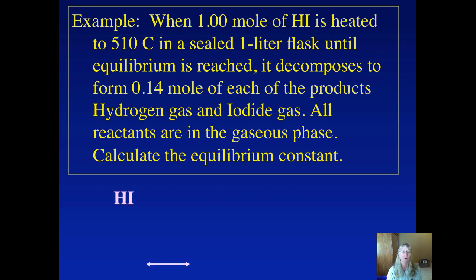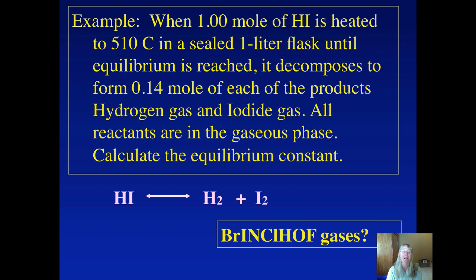First thing you start with is a balanced equation. And by the way, we don't really like using this double-headed arrow, but somebody please find us a reversible reaction arrow set on the symbols and let me have a copy. Now, H2 and I2 are diatomic gases, so I first have to balance the equation.